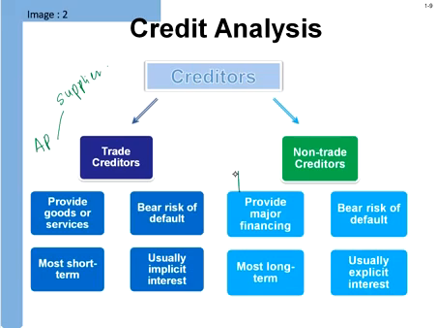Non-trade creditors provide major financing. Ini biasanya loan. Okay, bank loan. So lah. Okay. Barriers of default, usually explicit interest, most term loan. Okay. So trade creditor ni ialah our current liability, non-trade creditor ialah non-current liability.